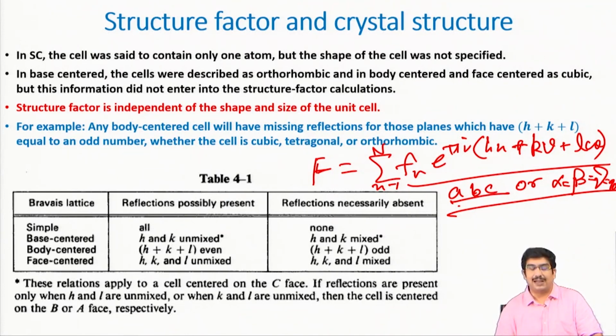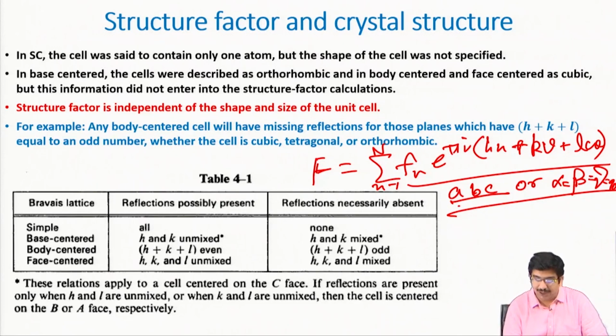That means any kind of body centered cell will have missing reflections where H plus K plus L is an odd number. Those will not come in the X-ray diffraction pattern, whether the unit cell is cubic, tetragonal or orthorhombic. That is it.